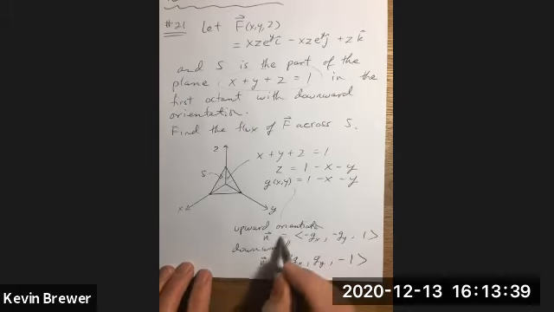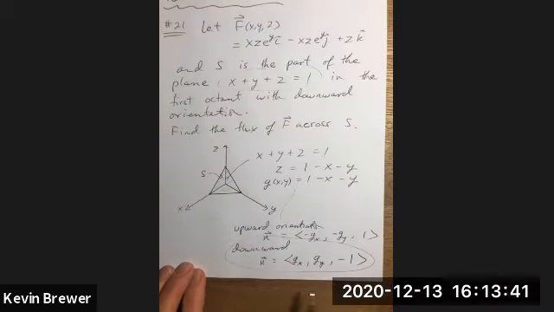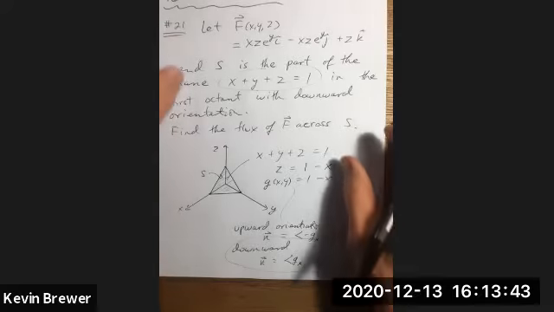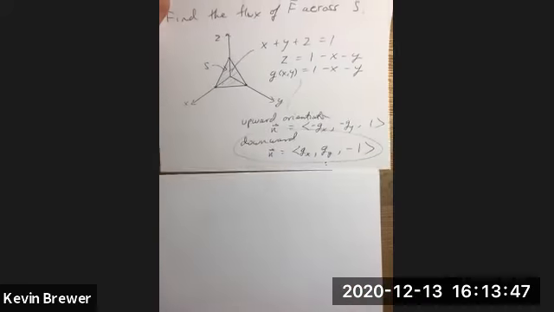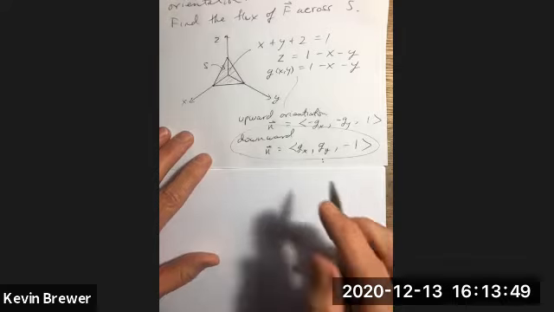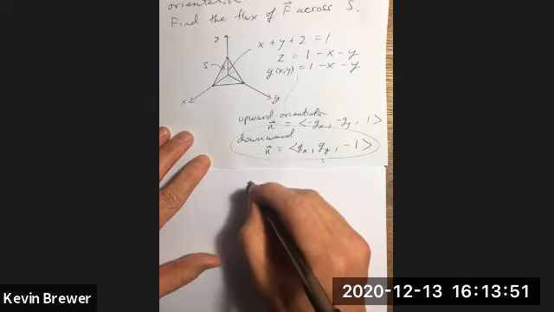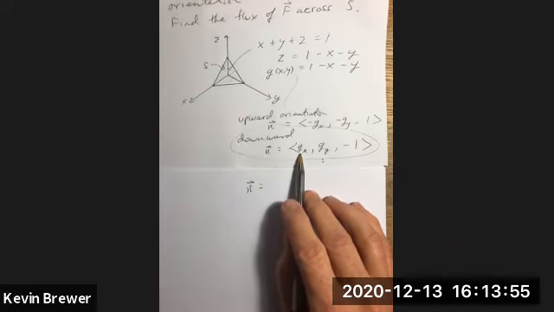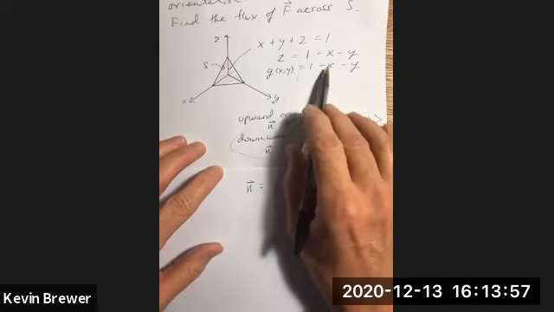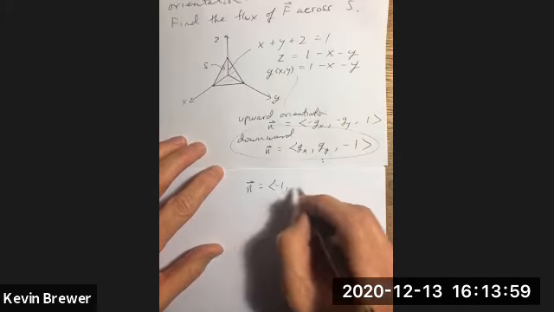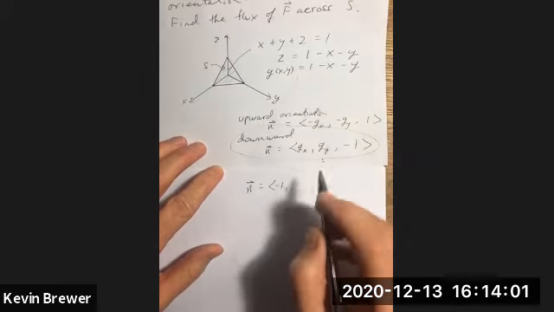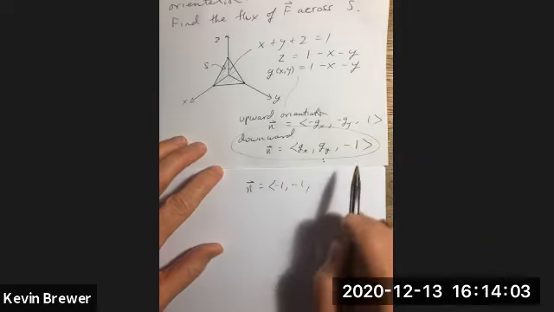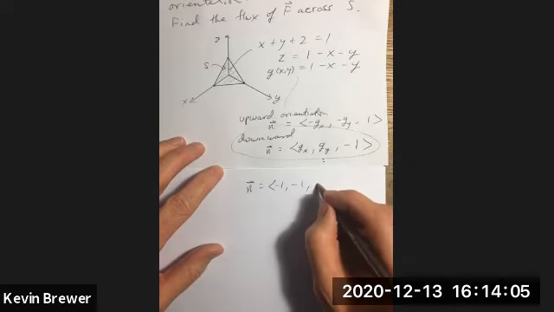And so this is the one that we want here. So for us, the partial of g with respect to x is minus 1. Partial of g with respect to y is minus 1. And then k is minus 1.